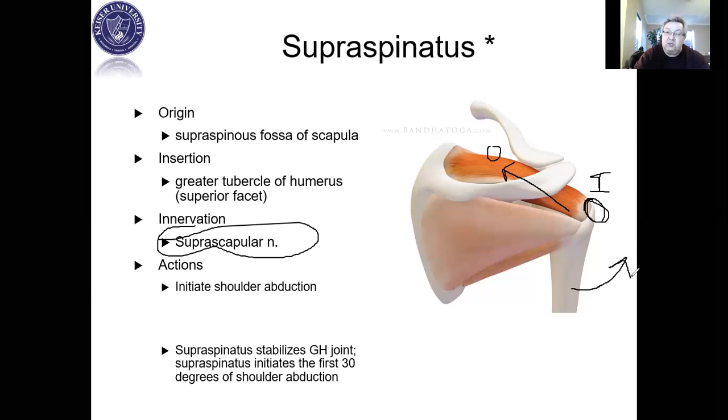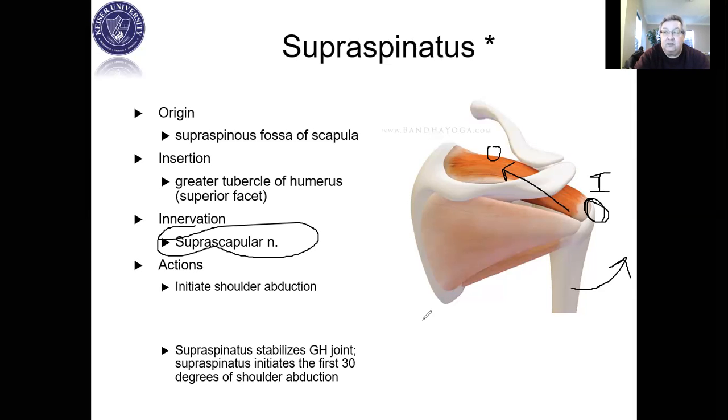Okay, so just by knowing how a muscle works is going to give you an idea of what its job is. So the major action of the supraspinatus muscle is that it initiates shoulder abduction.